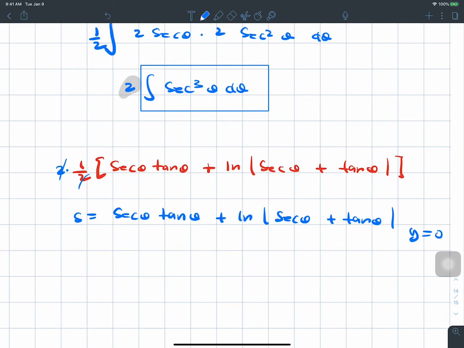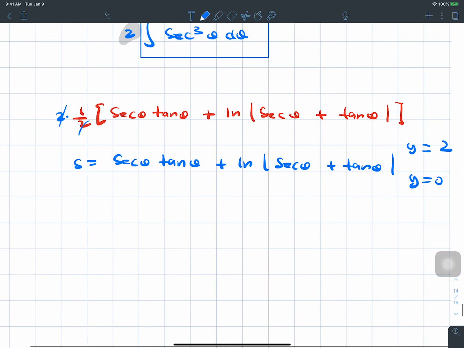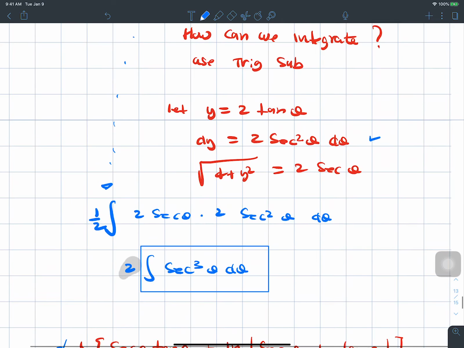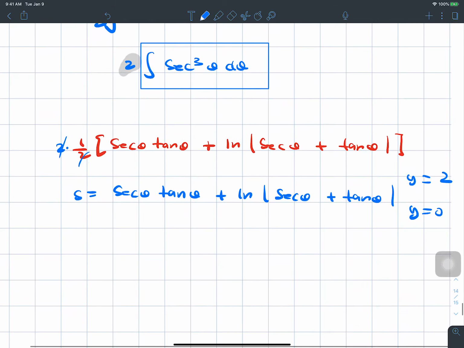But we evaluate this from y is 0 to y is, what was that? 0 to 2, yeah. But that's y, that's not theta. So as you guys know, we have to go all the way back. We have to convert this, right? This is secant theta. And what do we know? y is 2 tangent theta.